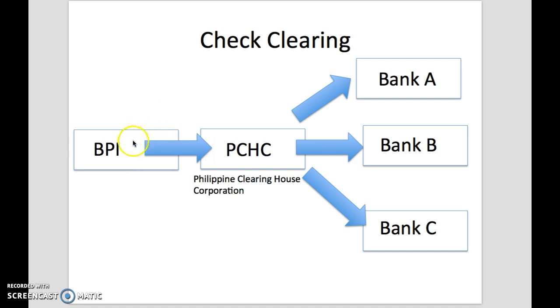Now, the clearing process takes about 2 to 3 days. And while that's happening, as the payee, you can't withdraw that amount yet from your savings account until it is cleared.